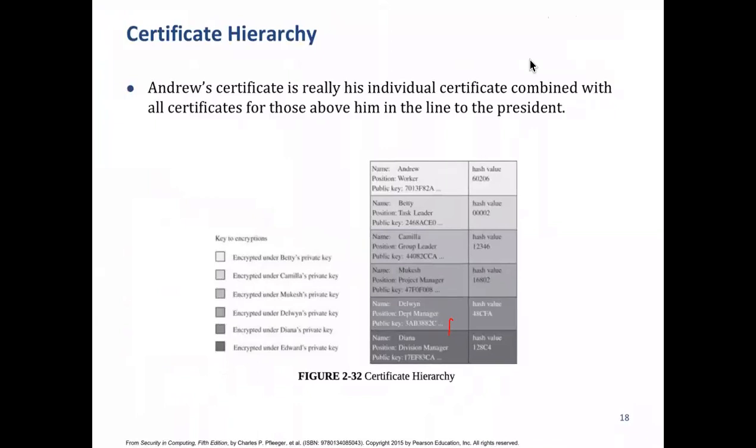Then Mukesh has got a certificate from Delvin. Then Camilla has got it from Mukesh, and so on. Now Andrew, who is at the bottom of the hierarchy, has his public key. He has to send all these certificates to anybody he is communicating with, such that the person can trust this is the public key of Andrew.